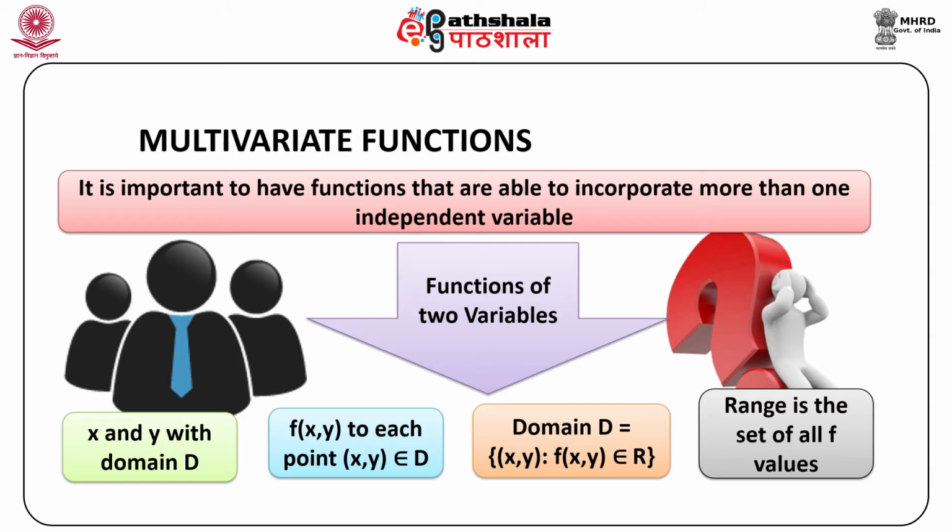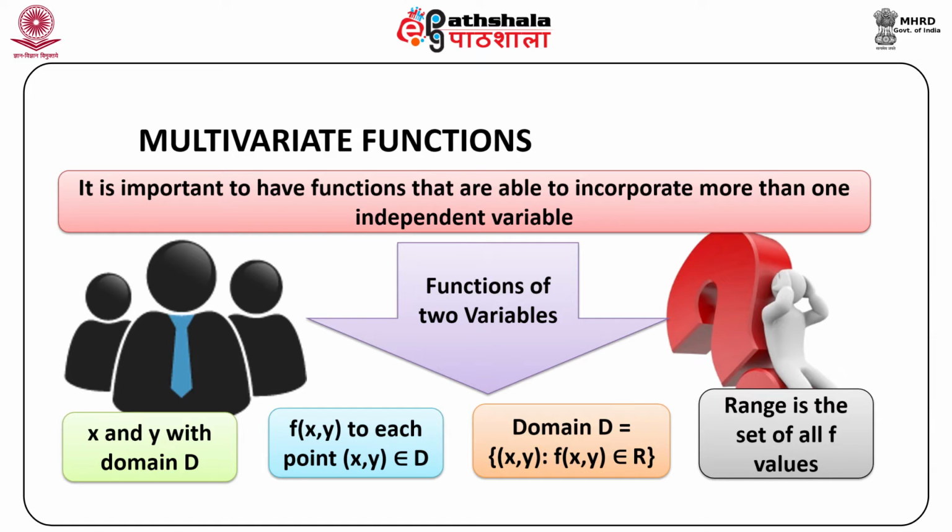Functions of two variables. A function f of two variables, say x and y, with domain D, is a rule that assigns a unique real number f(x, y) to each point (x, y) belonging to D. Domain D is equal to the set of (x, y) such that f(x, y) belongs to R, and range is the set of all f values.